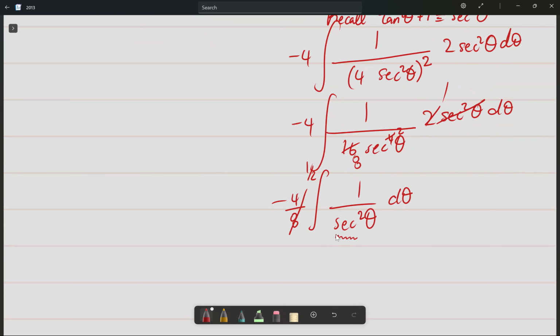And this right here is, secant is 1 over cosine. So this secant squared is the same thing as cosine squared, right? But this looks off. Hold on.